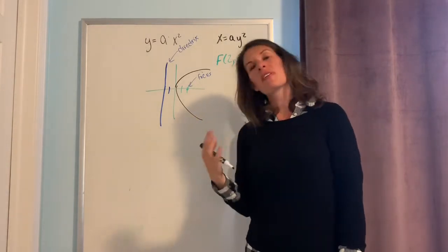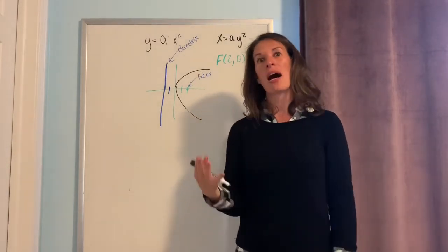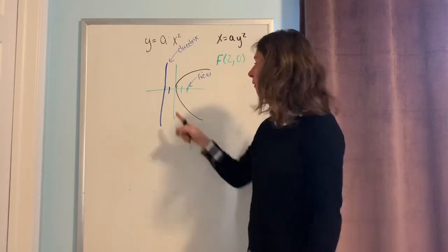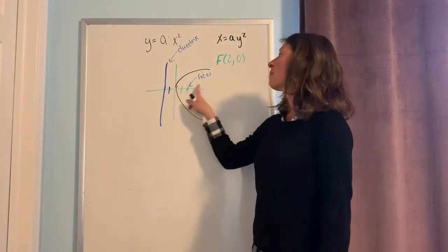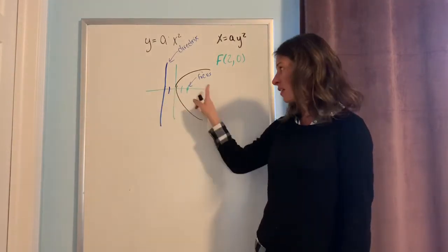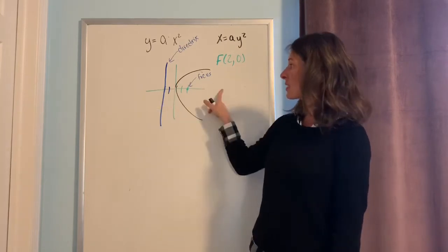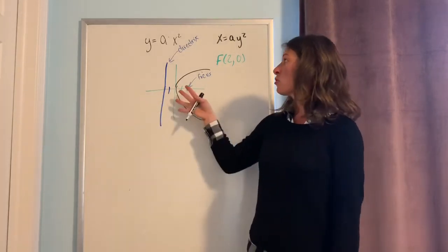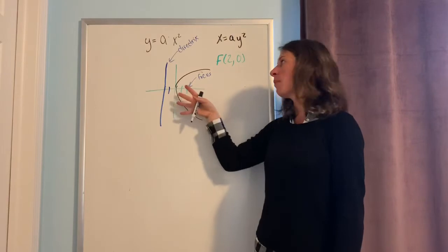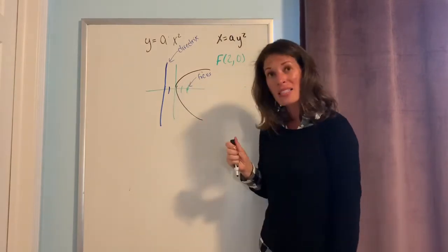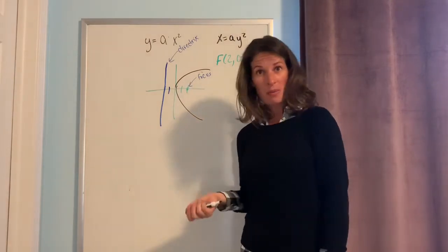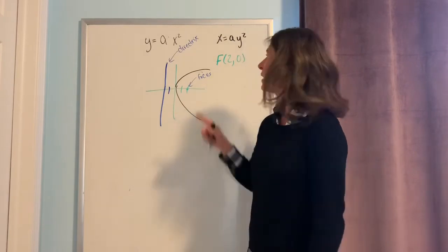Now, one of the things I need to know is, is it going to be positive or negative? Well, is this the positive x or negative x? This is positive, this is negative. So since my entire parabola is encompassing the positive x-axis, it's going to be positive. That's something we need to know.